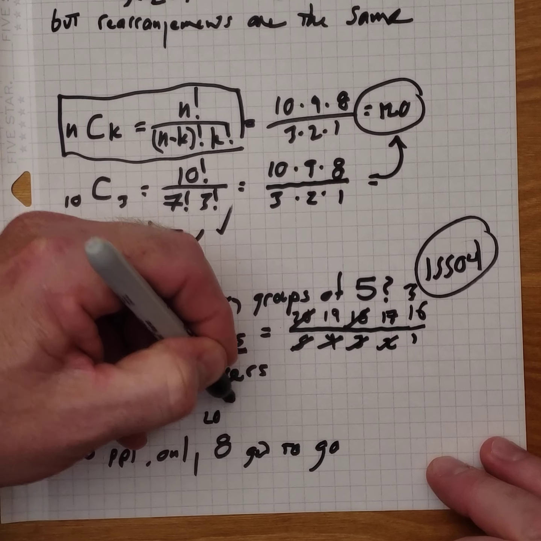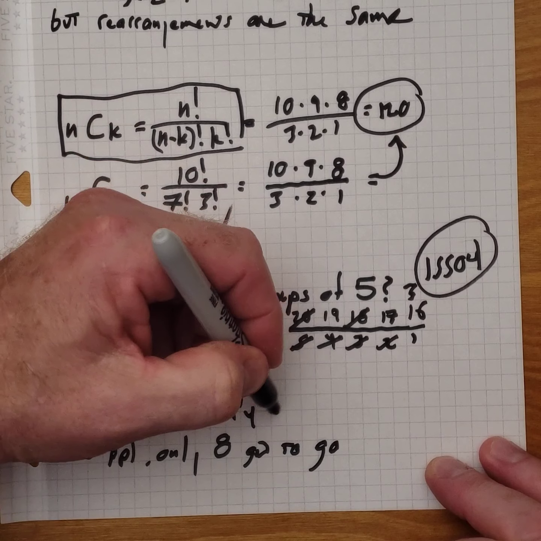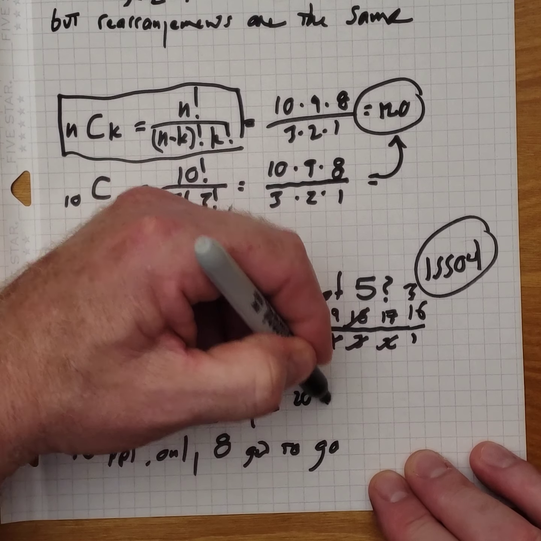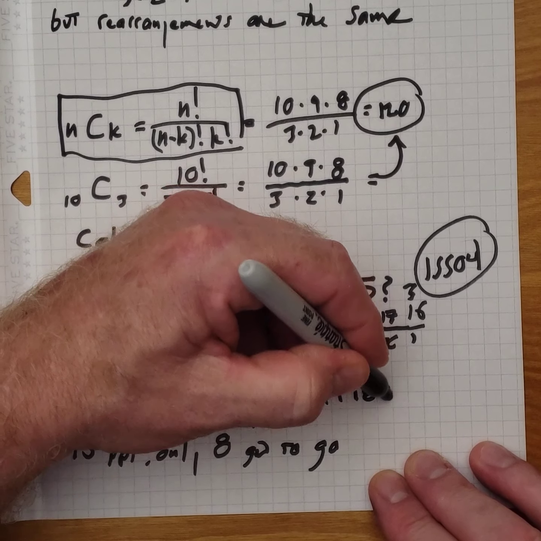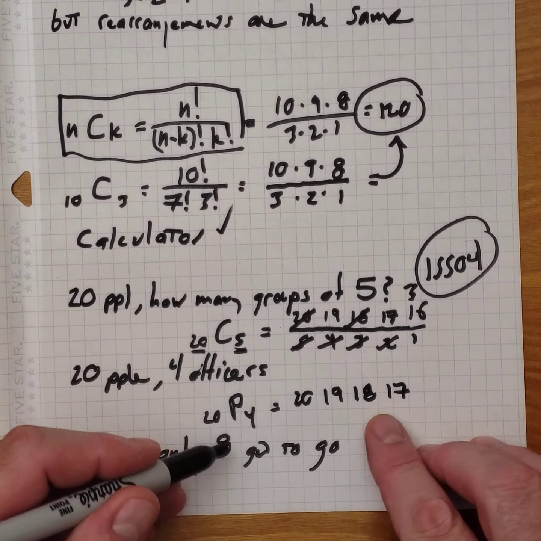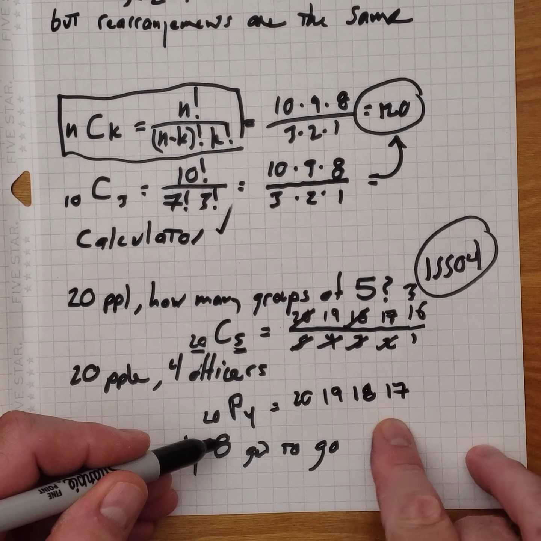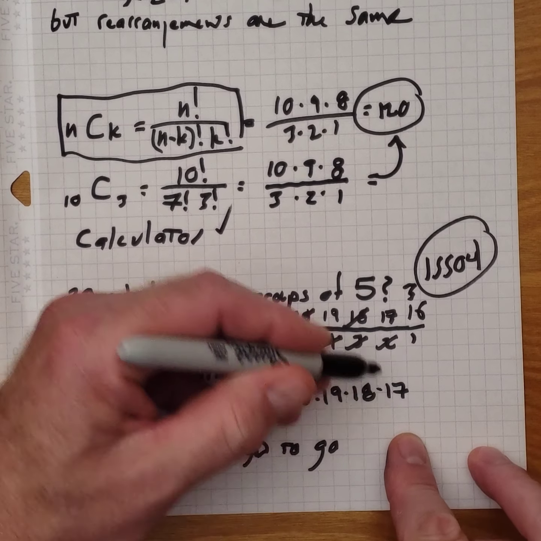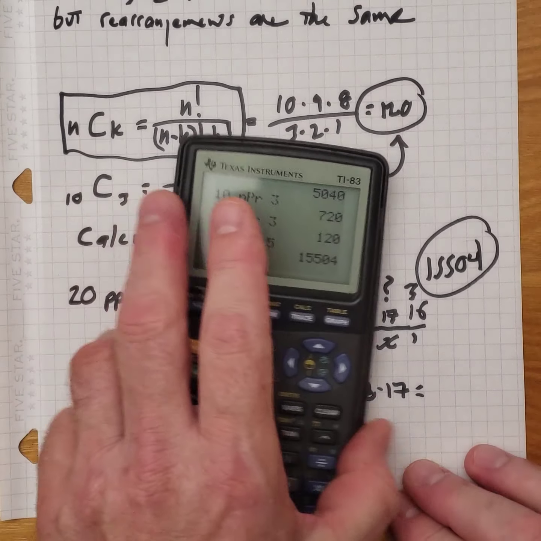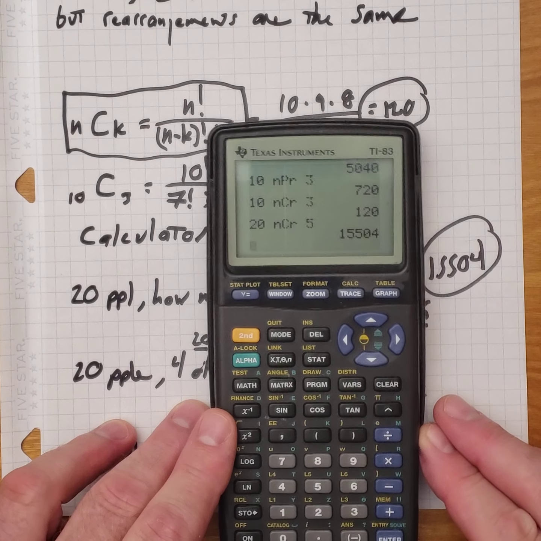So this would be 20P4. And that would be fairly easy to do by hand. It's going to be 20 times 19 times 18 times 17. Very similar to the numerator here. And then we just don't divide by anything. And if you want to multiply those together, you can. I don't care to. I want to go straight to my permutation key here.